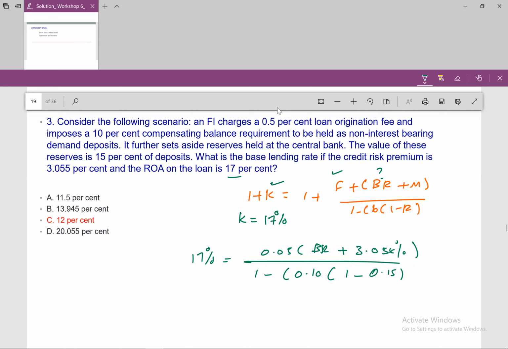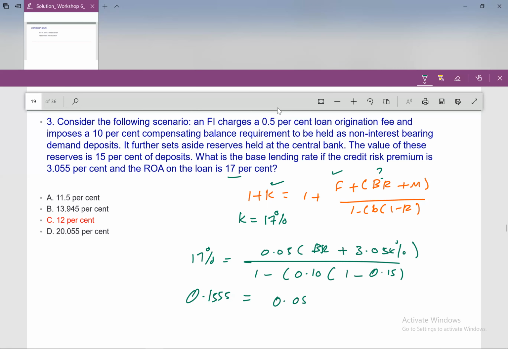So if you calculate this, you will find 117, as I told you. I don't want to do all this for you.